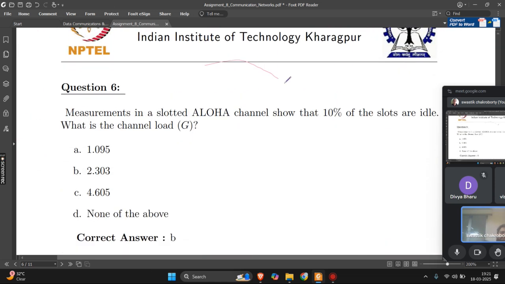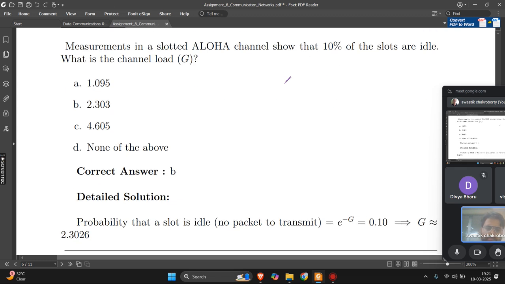Now, measurements in a slotted ALOHA channel show that 10% of the slots are idle. What is the channel load? So 10% of the slots are idle.